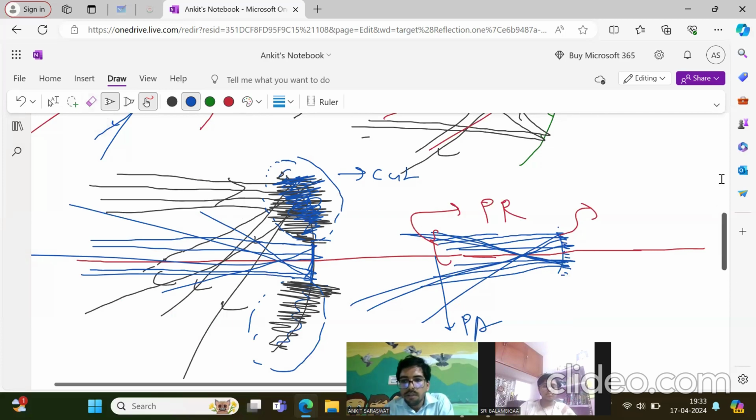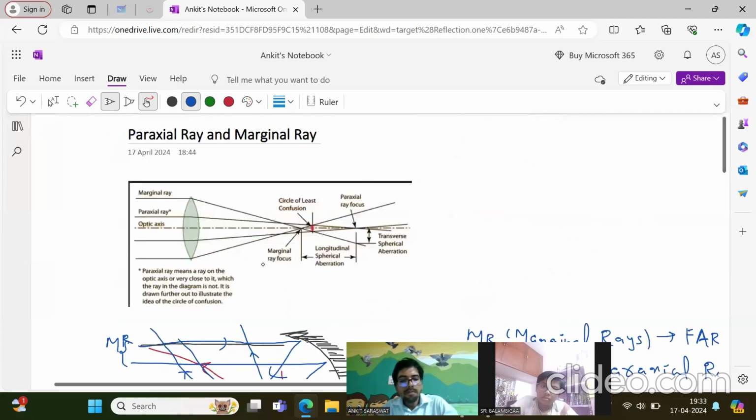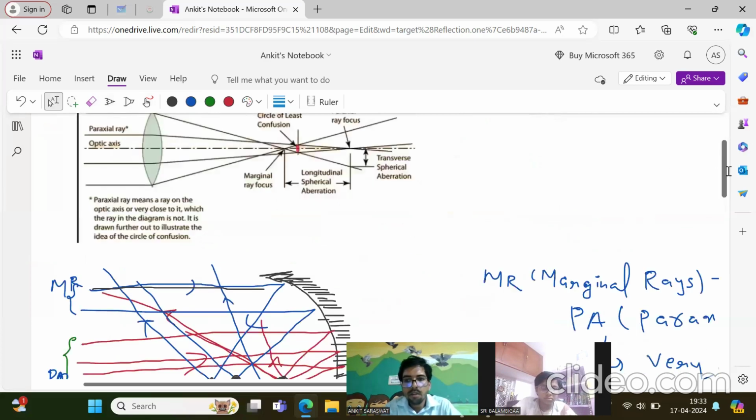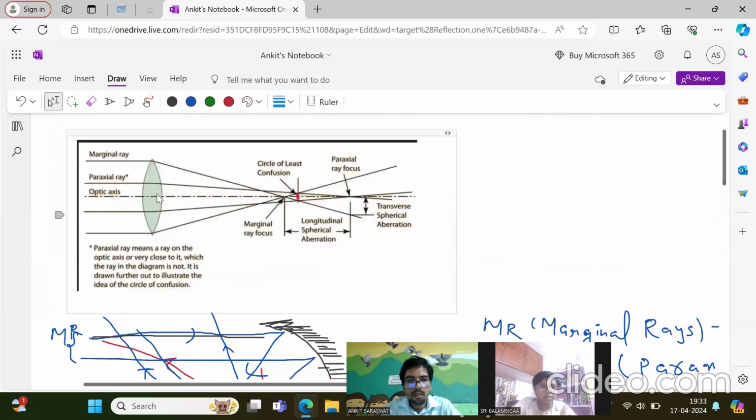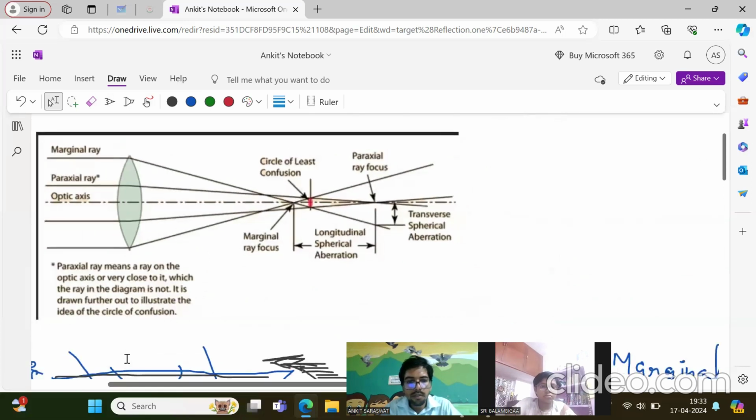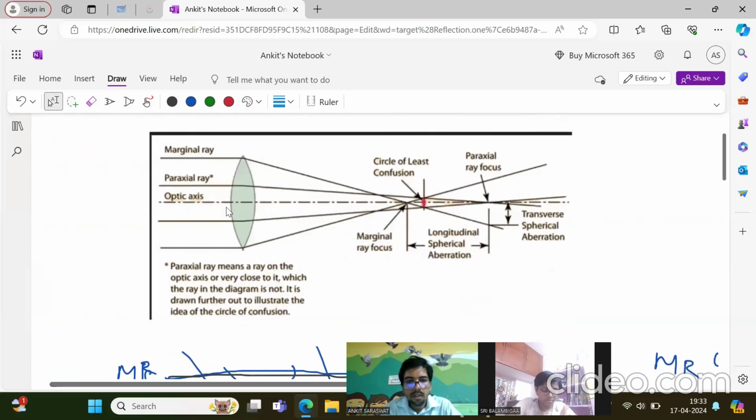I can show you this also. See this diagram very carefully. This is the lens. I just take the lens example; for lens and mirror, everywhere it will be the same.